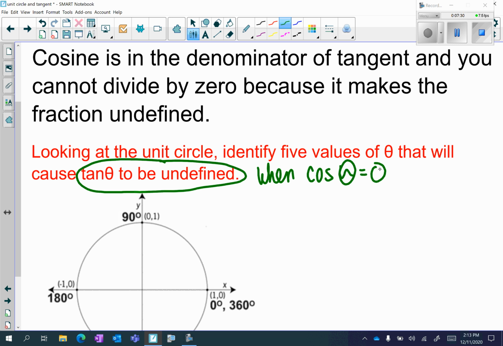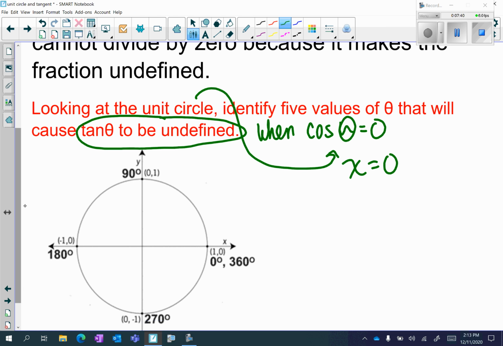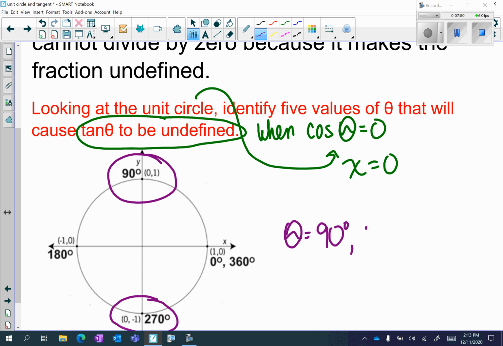And remember, on the unit circle, cosine theta is x. So whenever x equals 0, it's going to be undefined. So that would be here and here. So theta equals 90 degrees or theta equals 270 degrees.